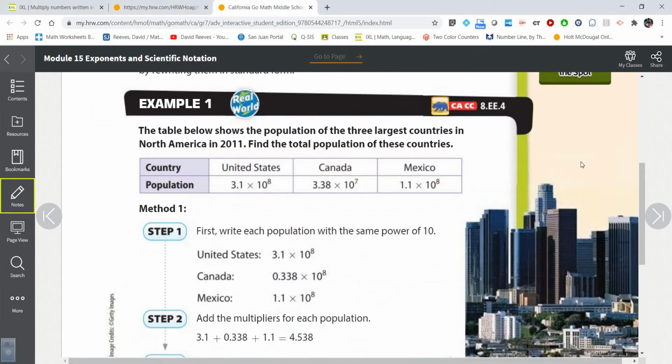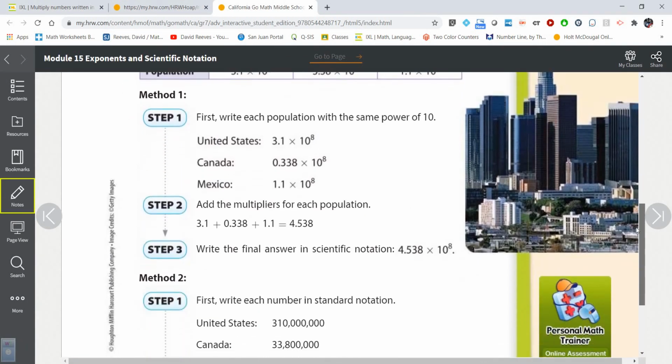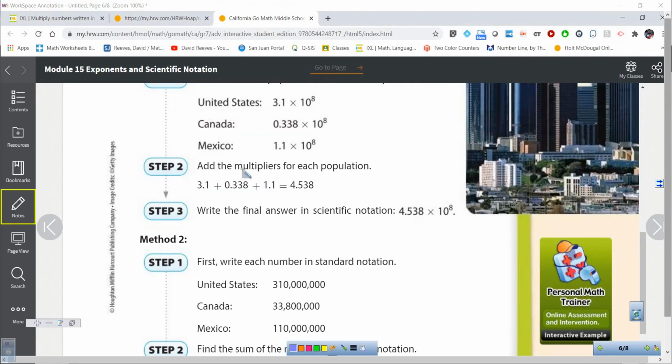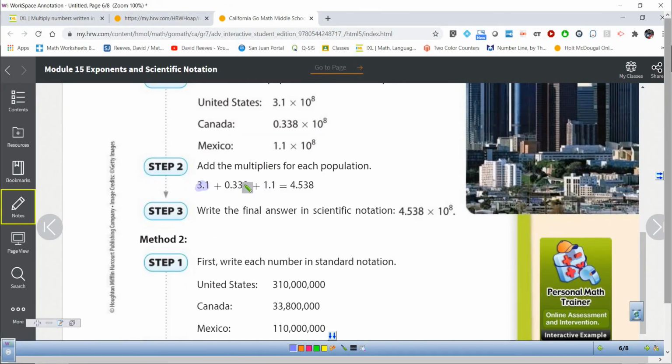Now if I wanted to add these together, the book is calling them multipliers. I call them coefficients. Now I need to add these coefficients together. If you're not using a calculator, remember it's very important that you line up the decimal places, and we fill in the empty decimal places with zeros.